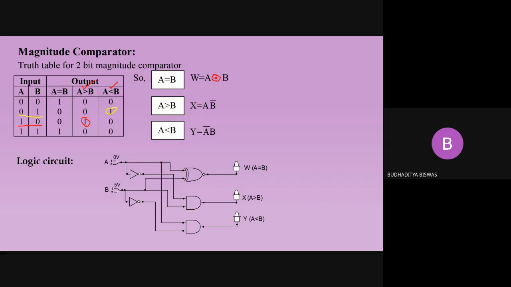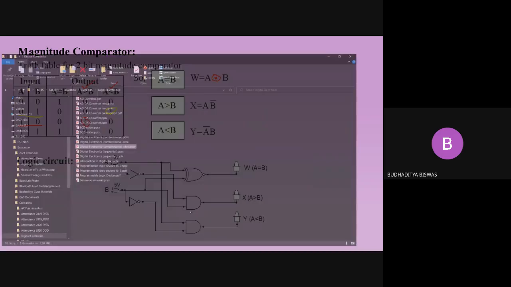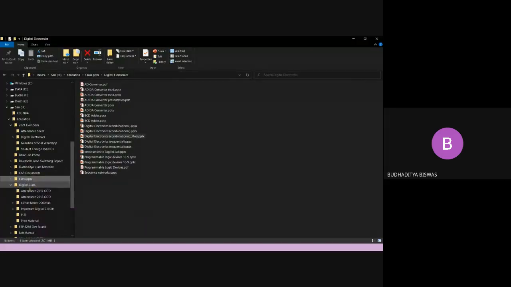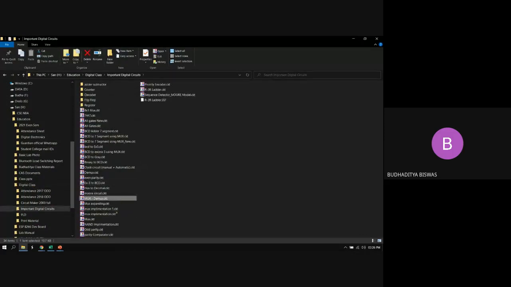Now let me show you this one in the circuit maker. This is called the magnitude comparator. Where is the magnitude comparator? Magnitude comparator is not here.